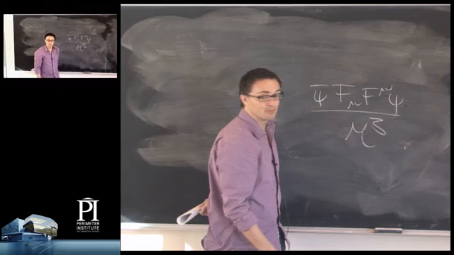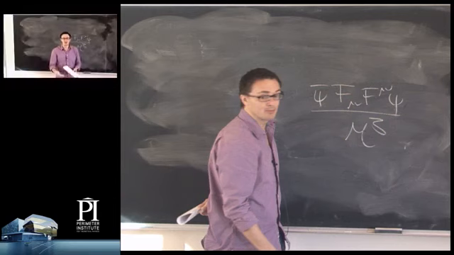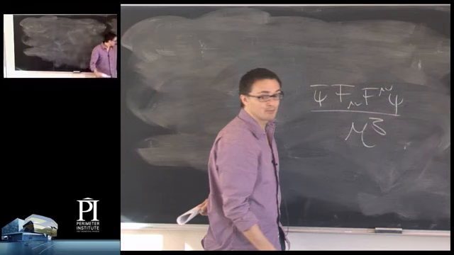So the minimal couplings are the ones that are typically marginal, and you'll learn this language. They're marginal in the classical theory, but in the quantum theory they can change. So this procedure, changing normal derivatives to covariant derivatives, is called minimal coupling.